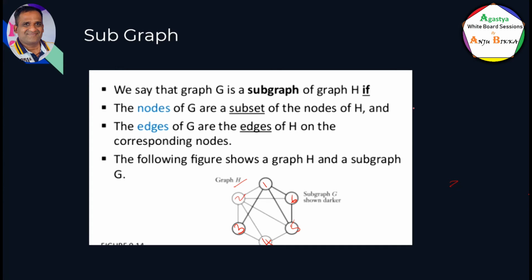When we denote the graph H equal to (V, E), vertices and edges, in the case of V, we can say V1, V2 to V6.